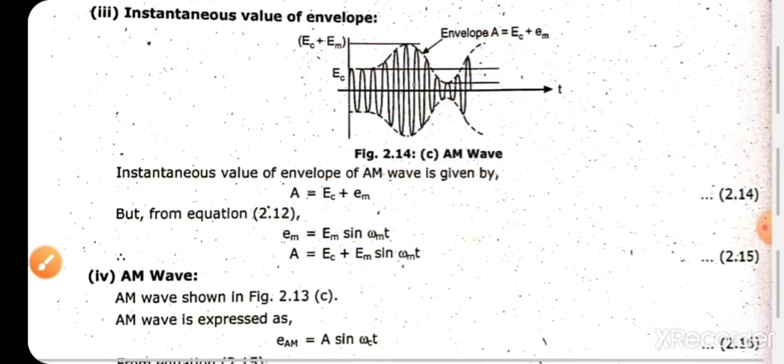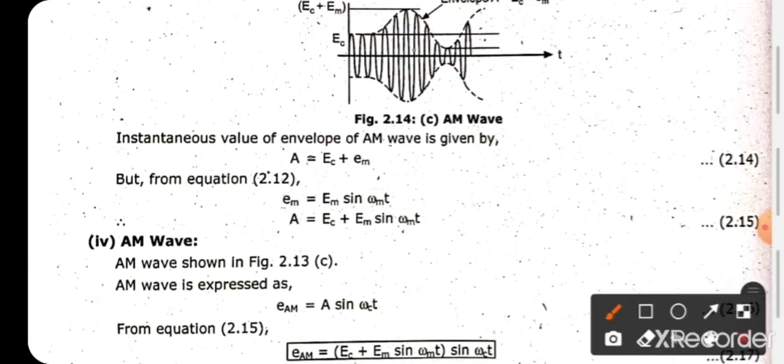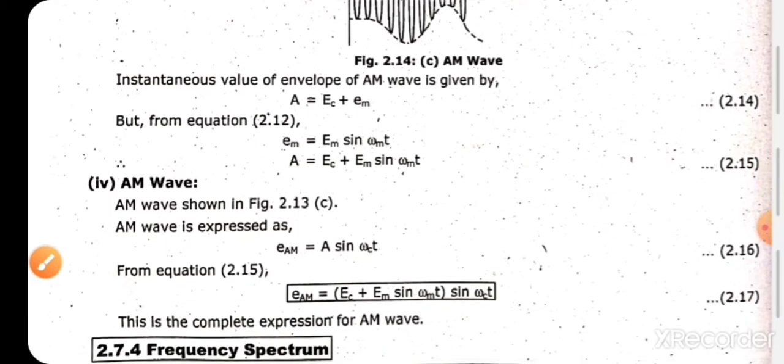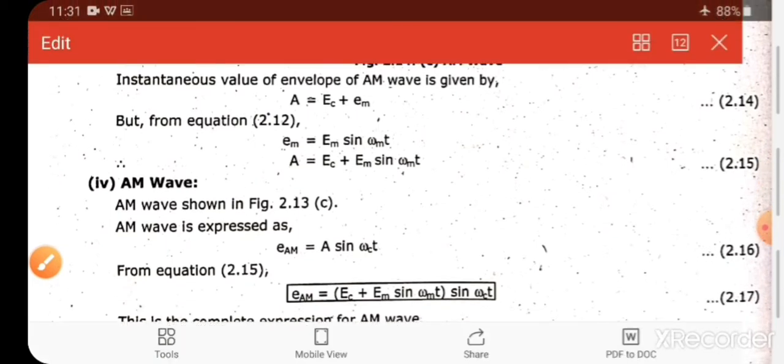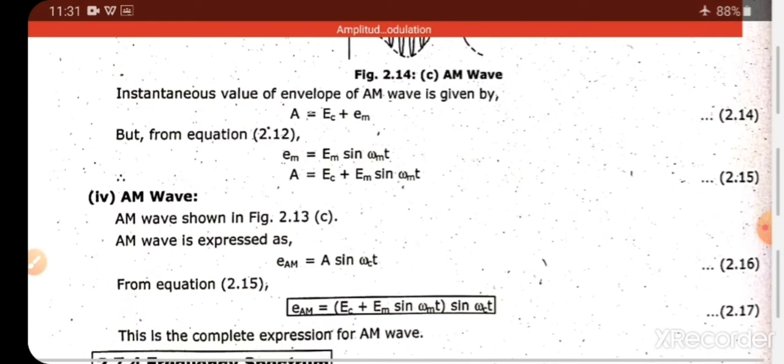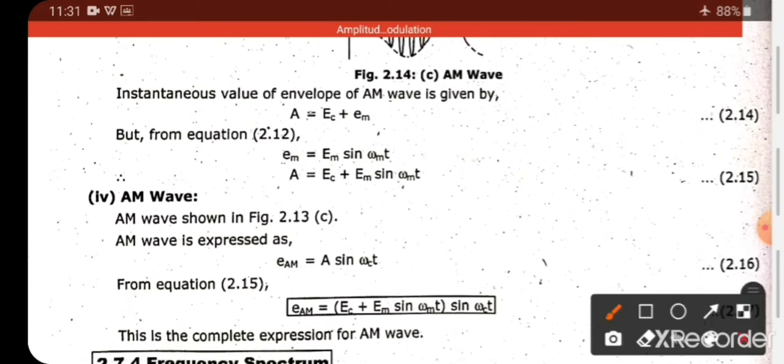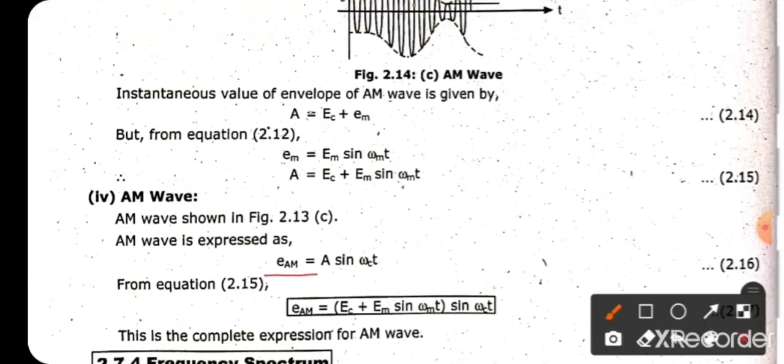Now come to the amplitude modulated wave. The amplitude modulated wave can be expressed as eAM equals A sine omega ct. This is the expression for the amplitude modulated wave.